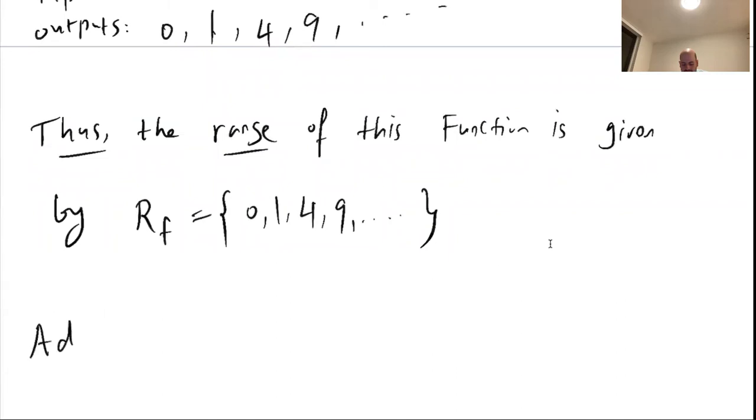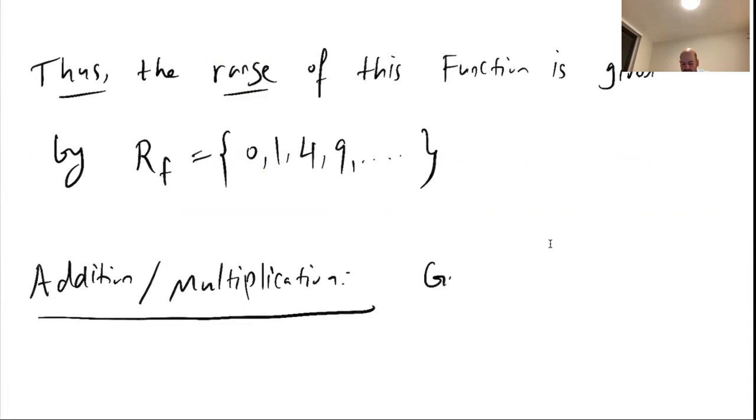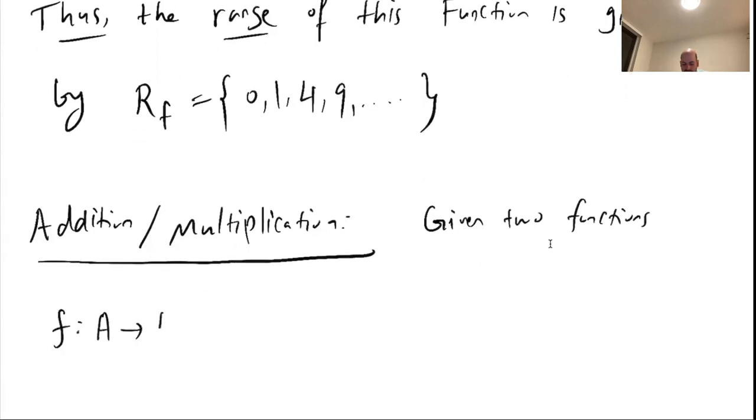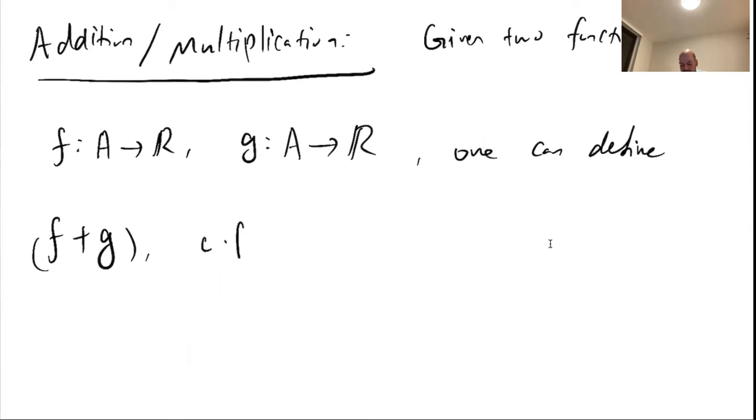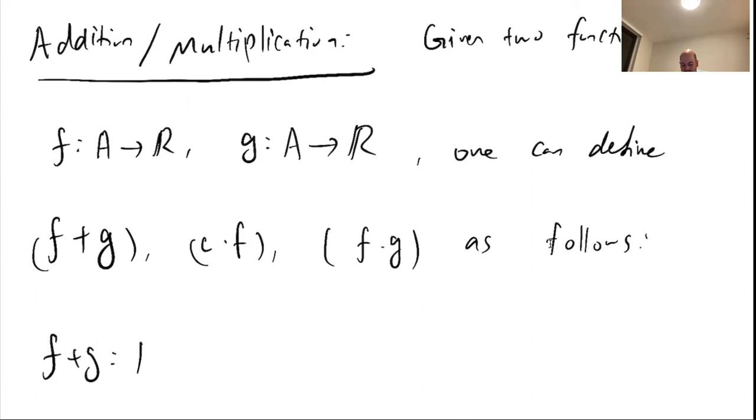So given two functions, let's say f from A to R and g also from A to R, one can define f plus g, and let's say c times f, and f times g as follows. So f plus g will be a function from A to R again.